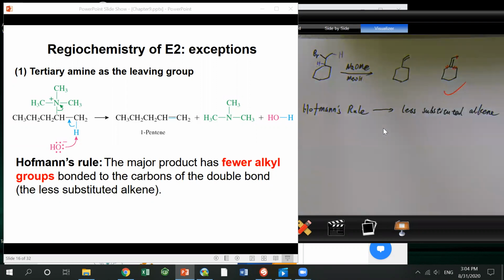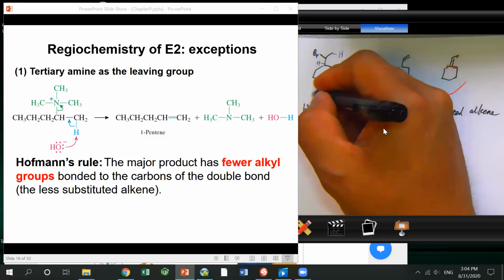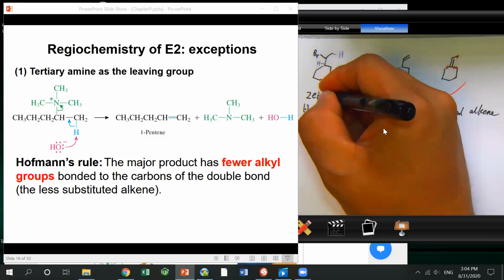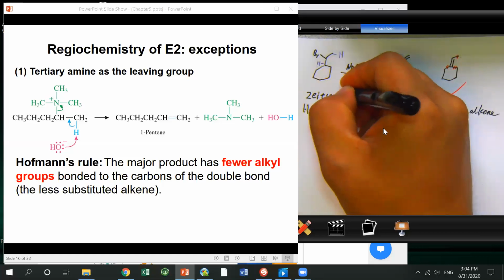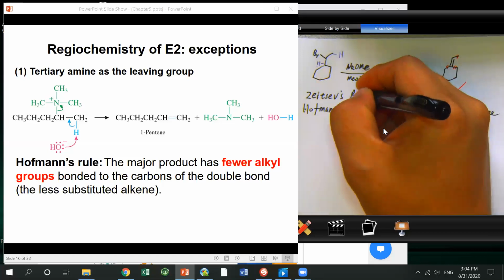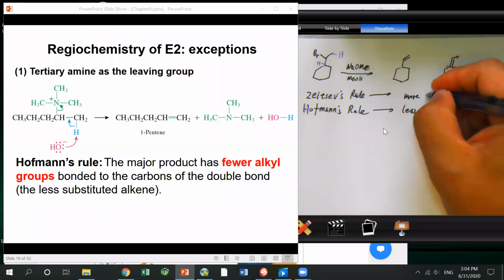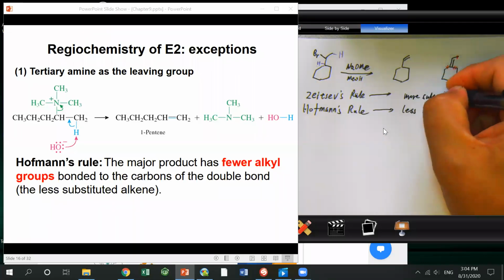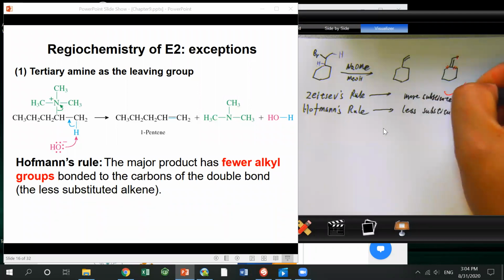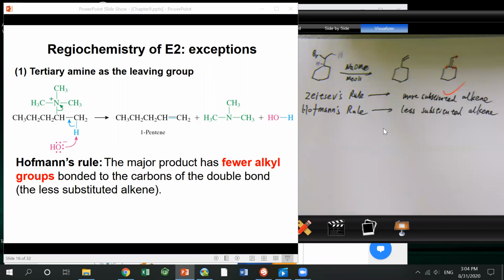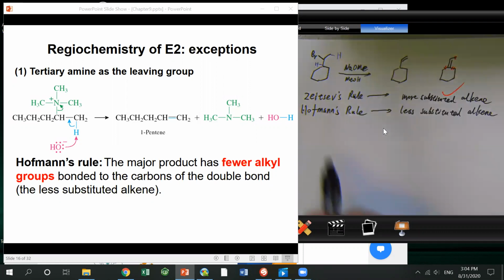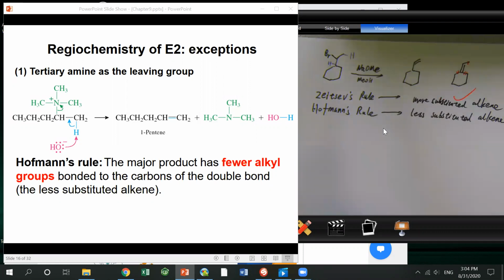Remember the Zaitsev rule, you get the more substituted alkene. The example here. But most of the time it follows Zaitsev. But there are three special situations that follow the Hofmann rule.